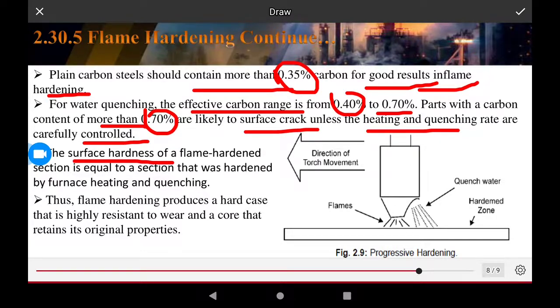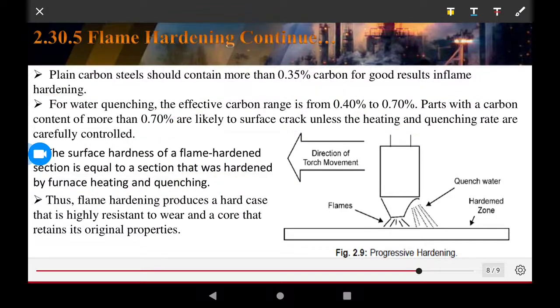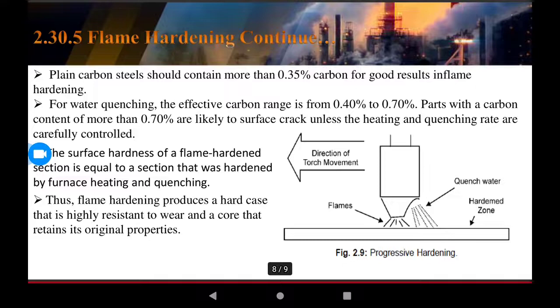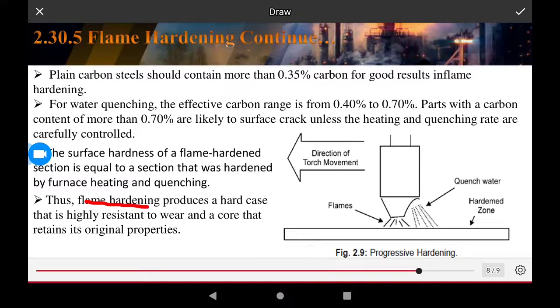The surface hardness of a flame heated section is equal to a section that was hardened by furnace heating and quenching. Flame hardening produces a hard case that is highly resistant to wear, and a core that retains the original properties of the material.